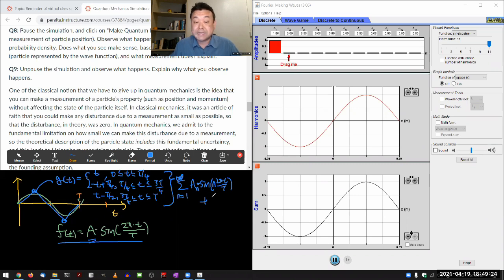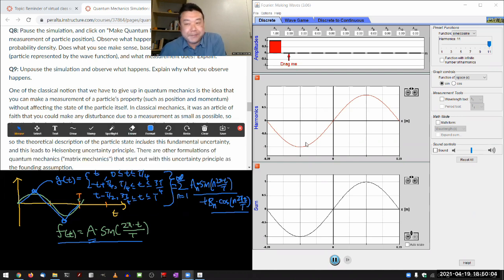There's also a function that's even over the period, cosine: b sub n times cosine of n 2 pi t over T. So the idea is that any complicated arbitrary function that's periodic can be represented by this series expansion in terms of sine and cosine functions. That's Fourier analysis. And that's what this simulation lets you explore, some of these Fourier expansions.